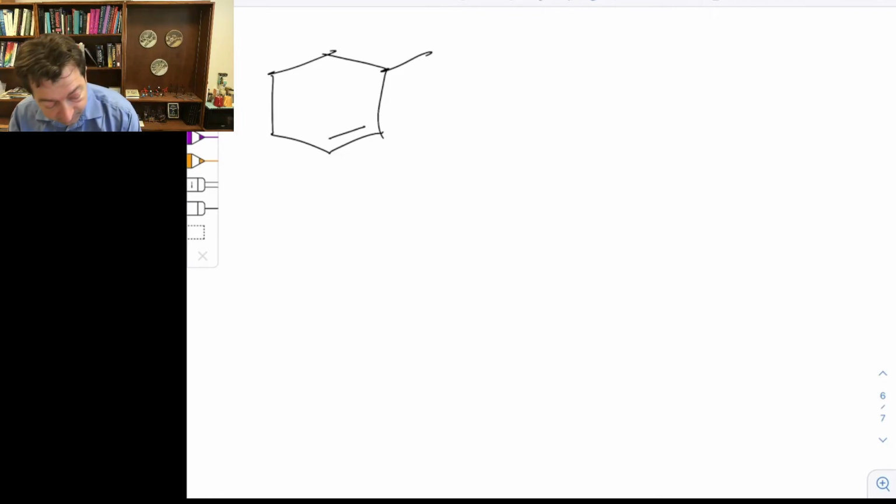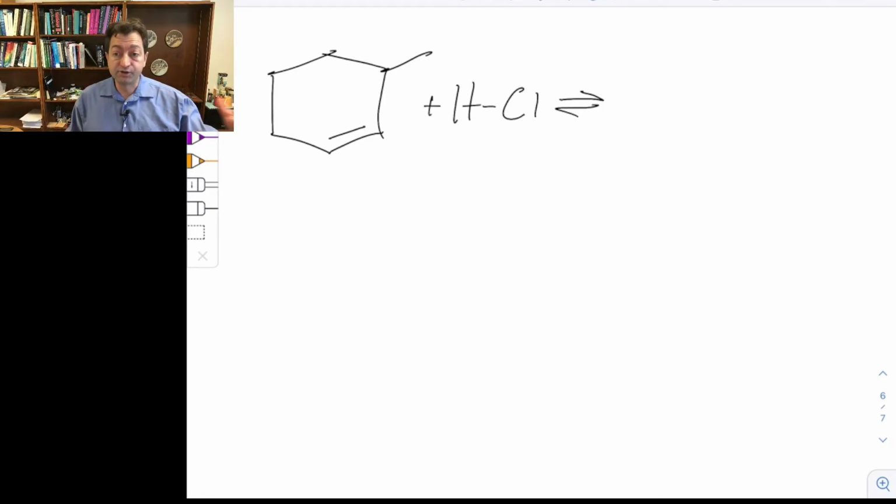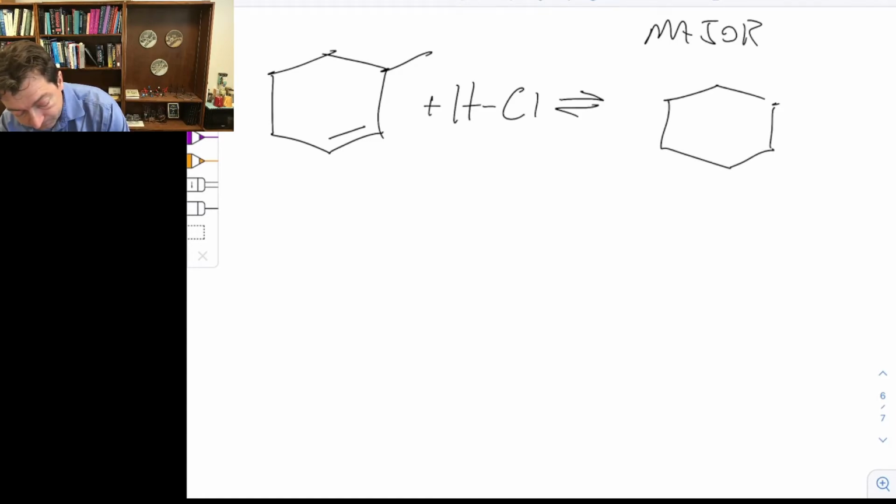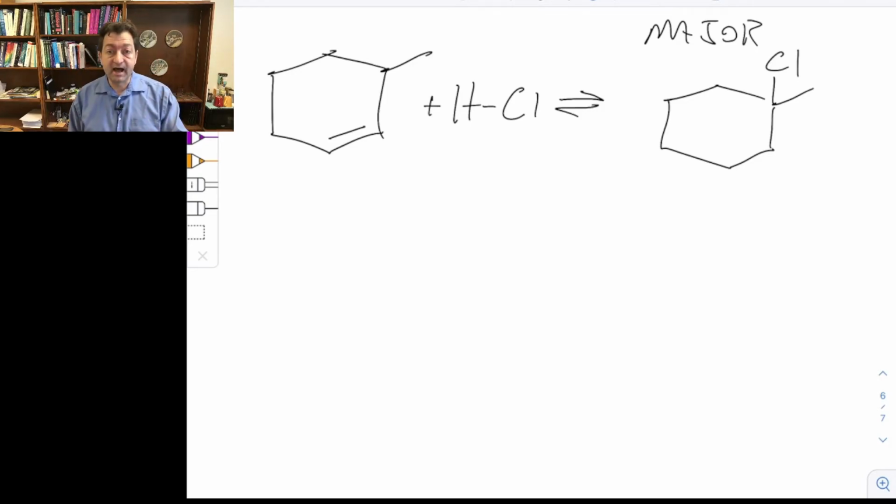What we observe if we react this with HCl, although we see the same, of course, with HBr, but I'll just use HCl here, is that the major product is, by far, the most substituted alkyl halide, the tertiary alkyl halide.